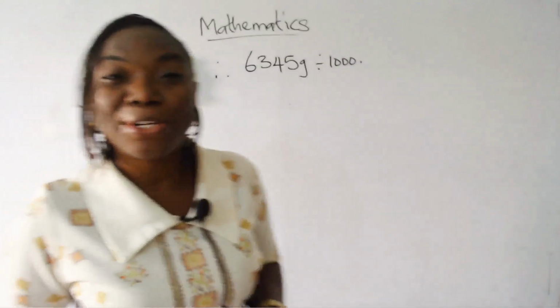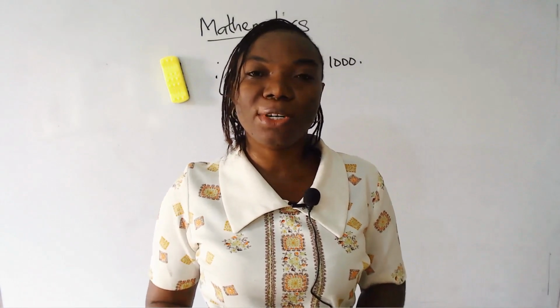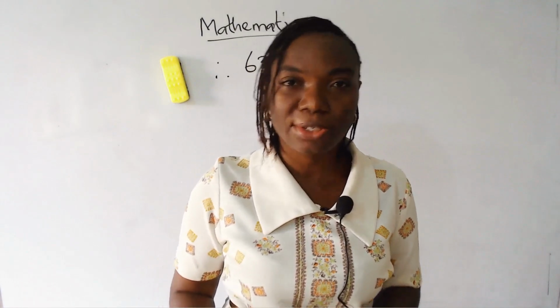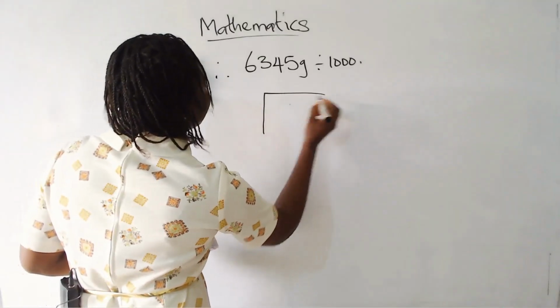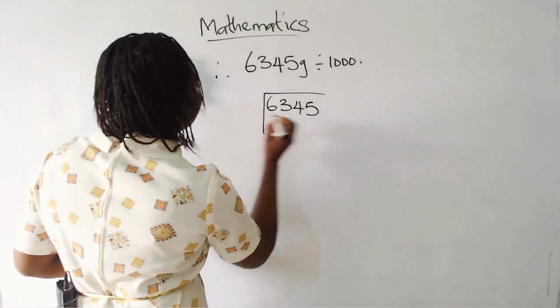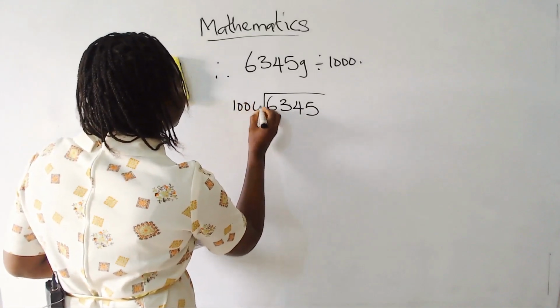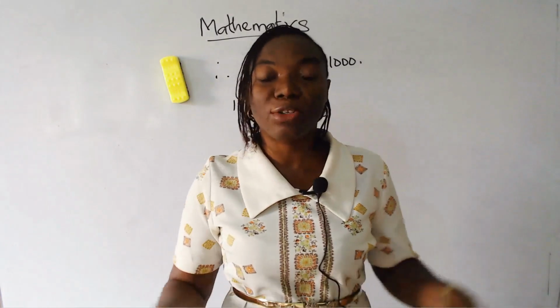In this case, we are going to use our long division. We are going to use what? Our long division method. Okay, let's go. Remember that division is all about sharing.